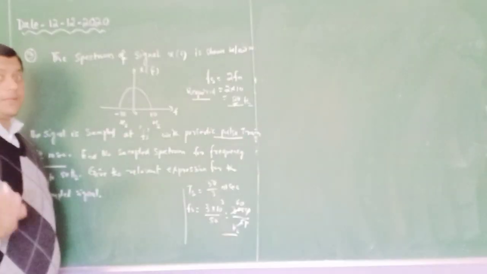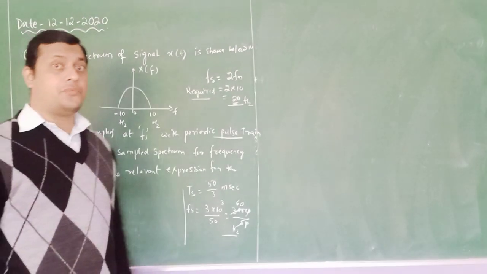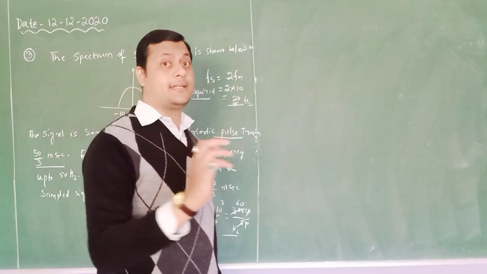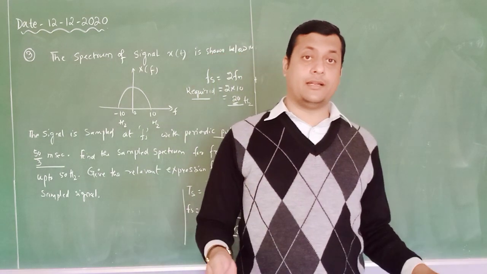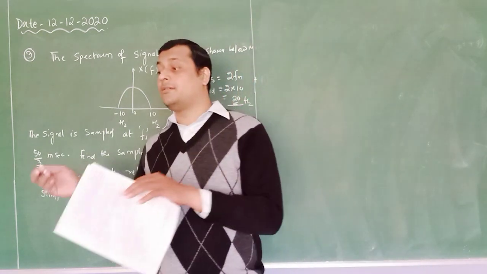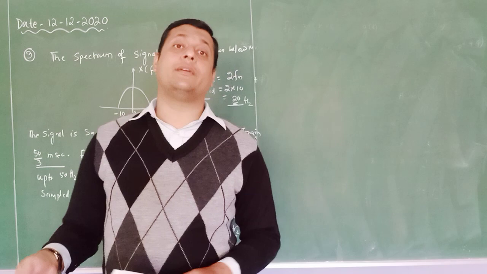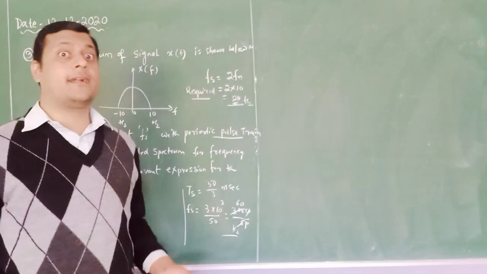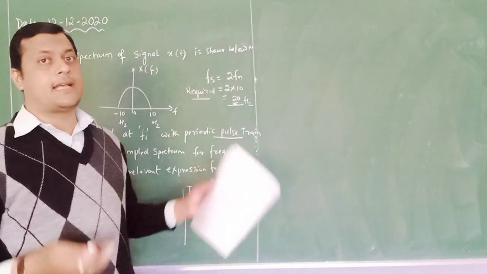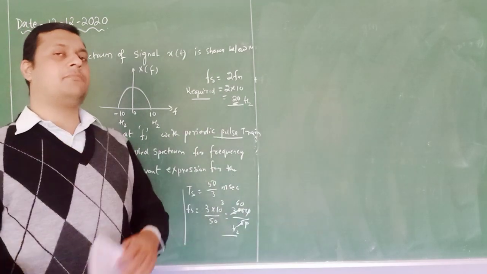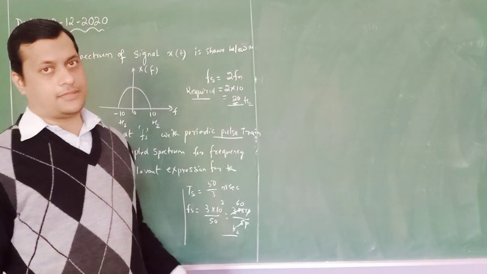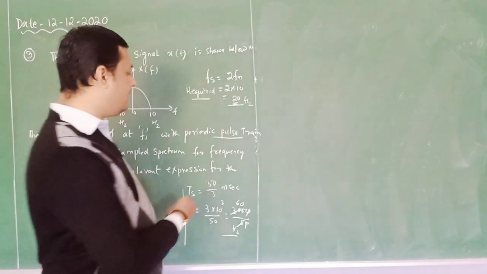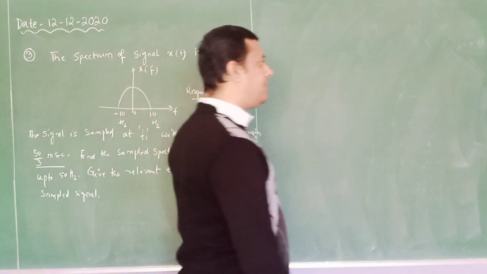When will the periodic pulse train come into the picture? When flat top sampled signals are there. When flat top sampled signals are available, we need to multiply one additional function to it. It is a rectangular function. The sampled signal multiplied with the rectangular function, the resultant will be the flat top sampled signal. We need to represent all this, so step by step we will see.